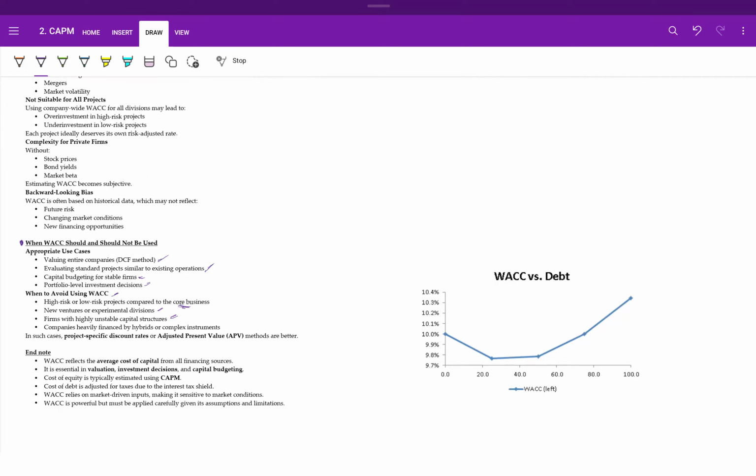Companies heavily financed by hybrid or complex structures. So this is important. What do hybrid or complex financing instruments mean? These are basically convertible securities, and that's why when you are doing a proper valuation of a company, you will be looking into those securities also which have a tendency to get converted into equity in future.